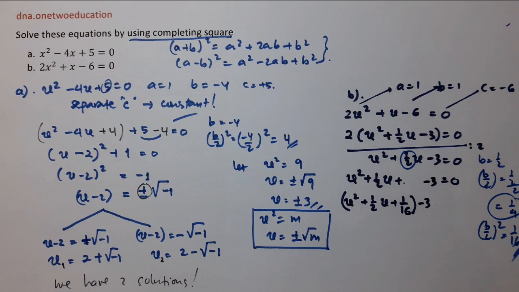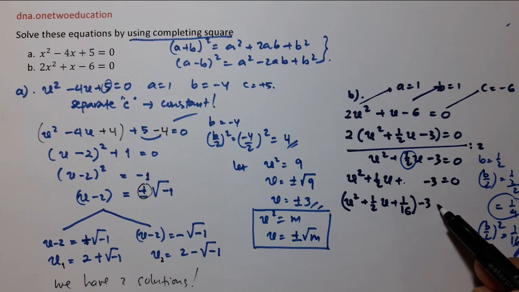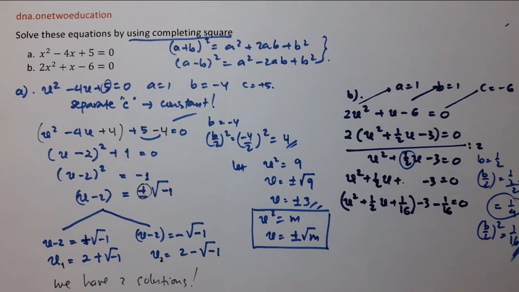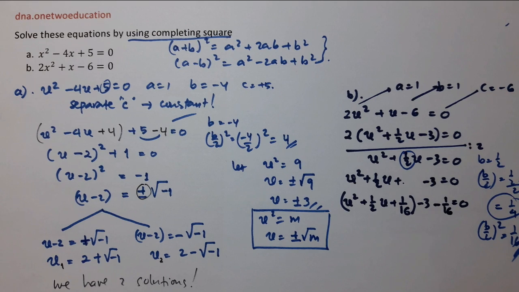And don't forget, you can manipulate the expression without changing the value. So of course, you have to put here minus 1 over 16 equals 0. Clear, everyone?